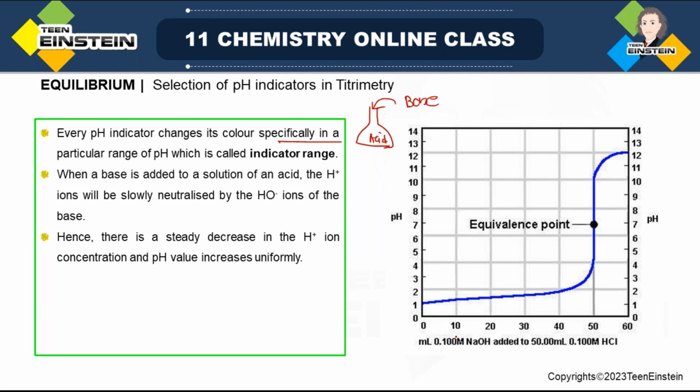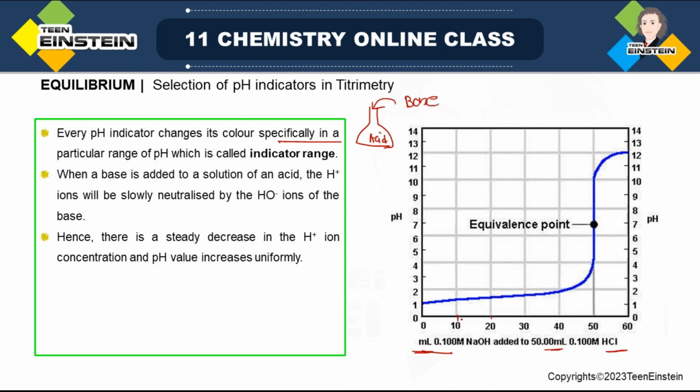Now on the x-axis you can see ml of 0.1 molar NaOH, as if we are adding gradually, dropwise, to 50 ml of 0.1 molar HCl. The ml value is mentioned on the x-axis. So if I choose this point, that means 10 ml of NaOH we have added. This point means 20 ml of NaOH we have added, right?